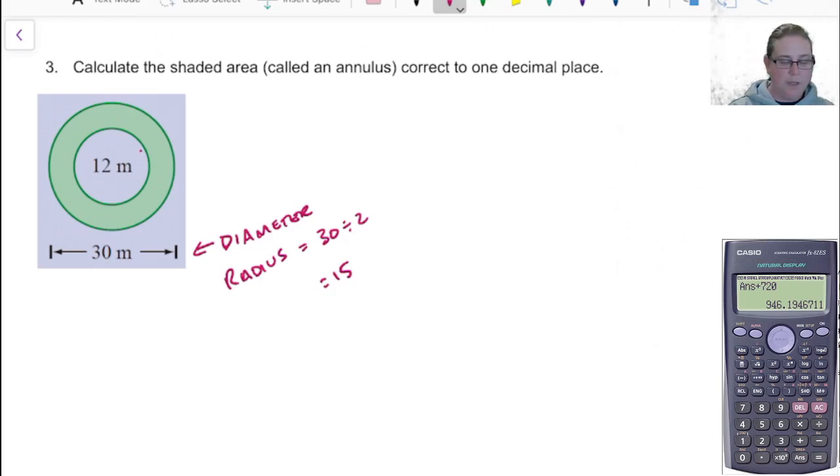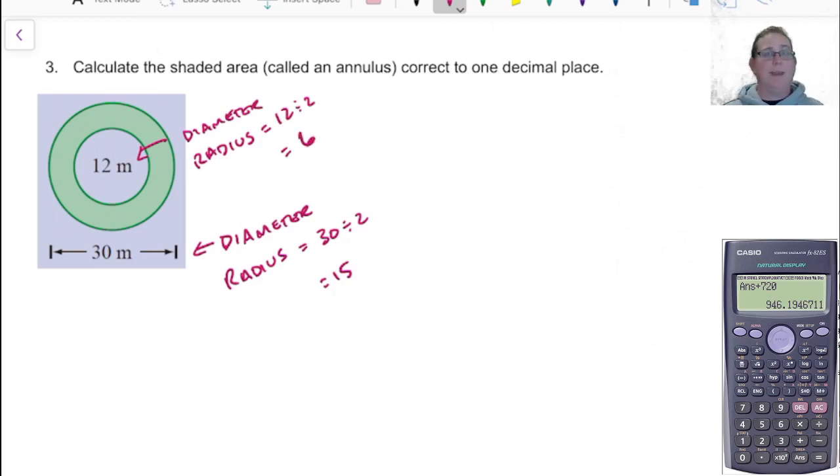Here again, we have another diameter. And again, we need that radius. So this time it will be half of 12, or 12 divided by 2. Obviously, now this one's 6. Okay, so now we have our two R's. We're ready to attack this problem.